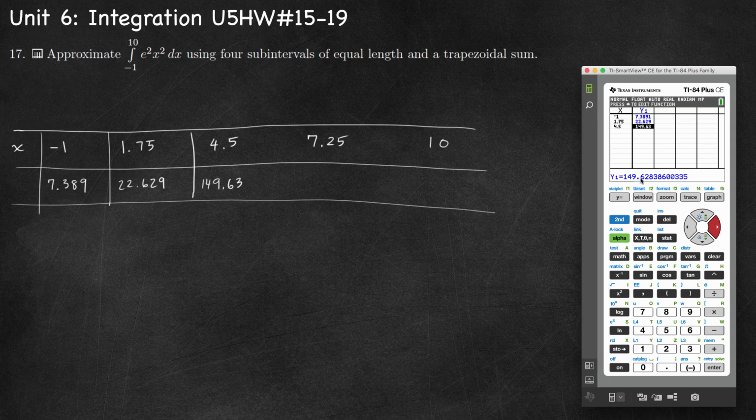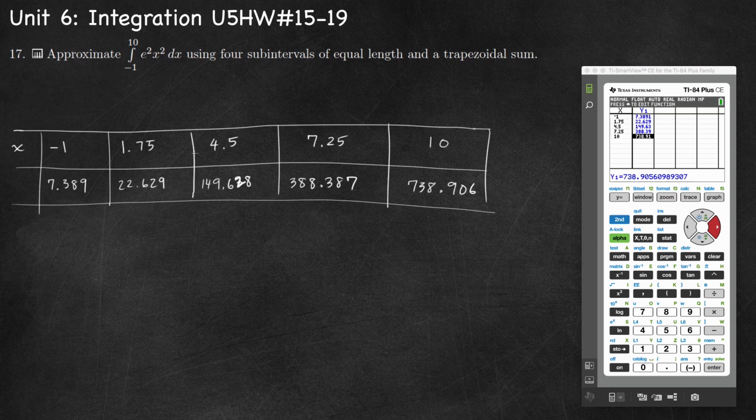So it's 149.628, actually. At 7.25, let's highlight that value. So here it's 388.387. And at 10, we get 738.906.